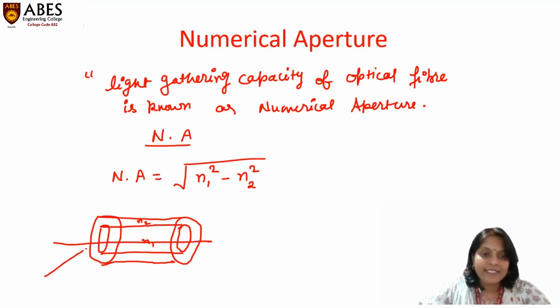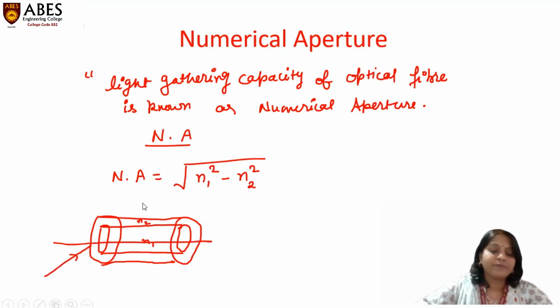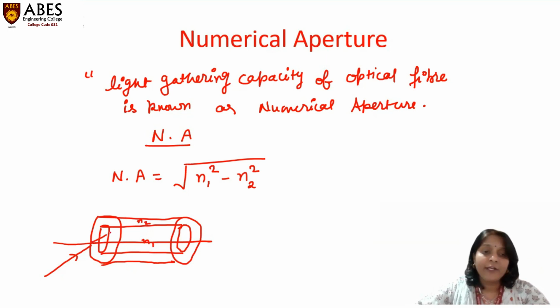If light is incident on the optical fiber, then the light will undergo TIR inside the core and information will be carried from one point to another point. This angle can vary from 0 degrees to a maximum value. The maximum entrance angle is called the acceptance angle.